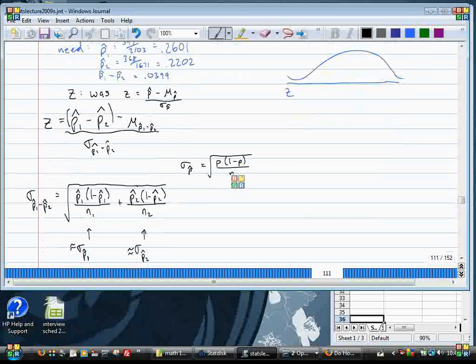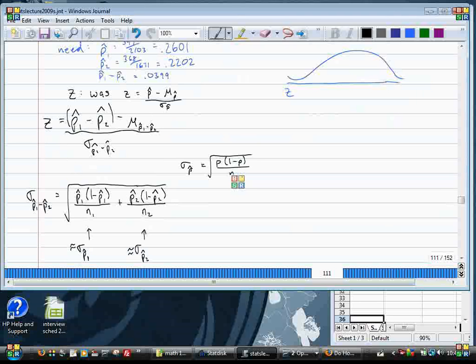But then you will have to add them together, right? Exactly. So again, while this formula looks like a mess, it's really based on stuff that we already know. So just remember that you have to do it first for the first population, and then for the second population, or first sample, second sample, and that's the main thing.